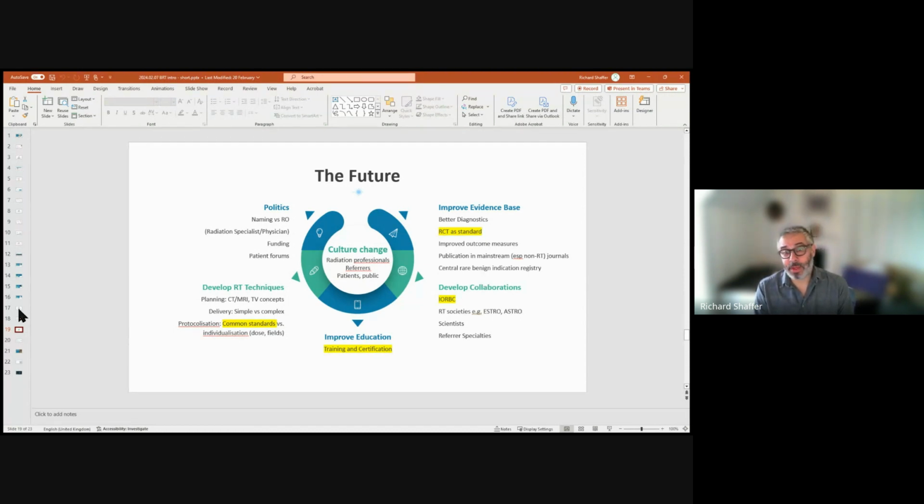We are looking to develop collaborations with various societies, including ESTRO, ASTRO, and other national societies. Of course, education is key, and we are developing educational materials, including short introductions like this. We do need to protocolize things so that everyone's doing things to a high standard, and we will be developing common standards for this reason.